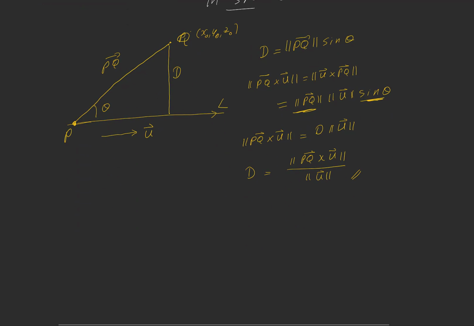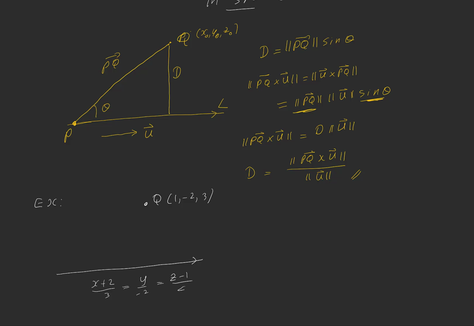Right? So let me explain this with an example. Find the distance between the point Q (1, -2, 3) and the line (x plus 2) over 3 equals y over -2 equals (z minus 1) over 4.